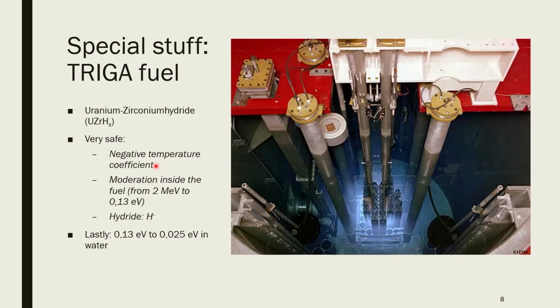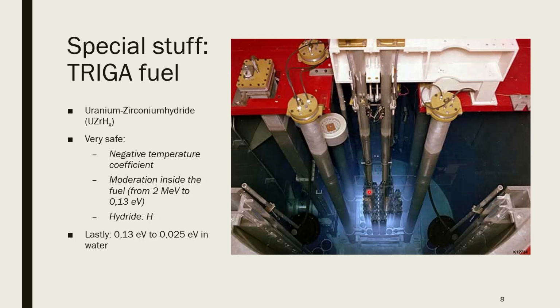This is because the fuel contains hydride ions, and hydride ions do most of the moderation inside of this type of nuclear reactor. So you're not using primarily the water hydrogen to moderate down the neutrons to do nuclear fission, because you need moderated neutrons to do fission, but you are using the hydrogen atoms inside of the fuel itself.